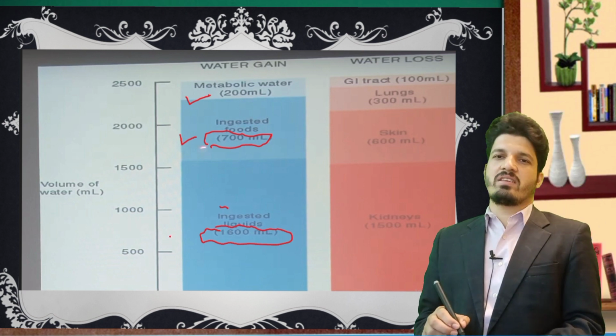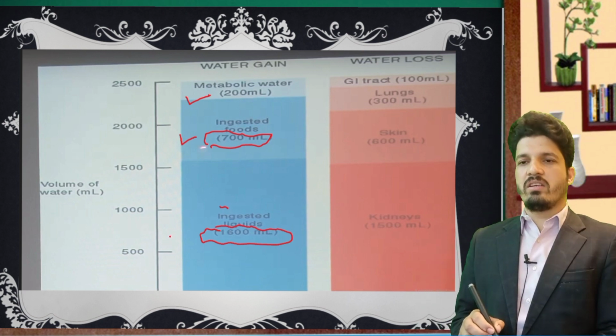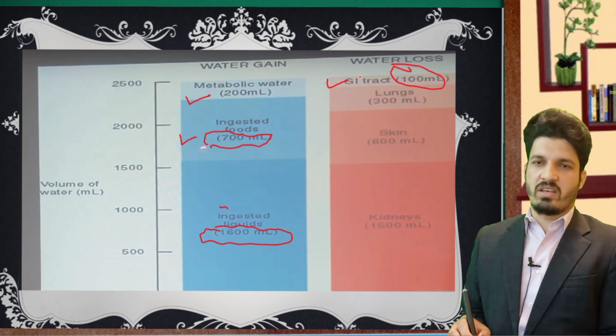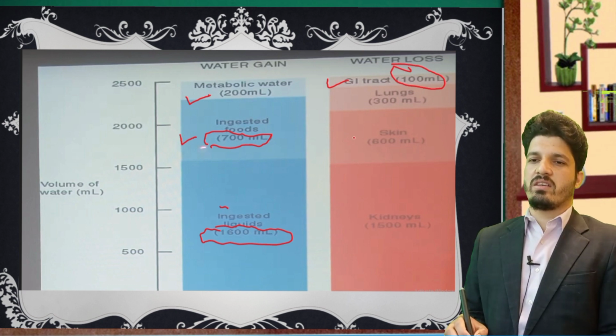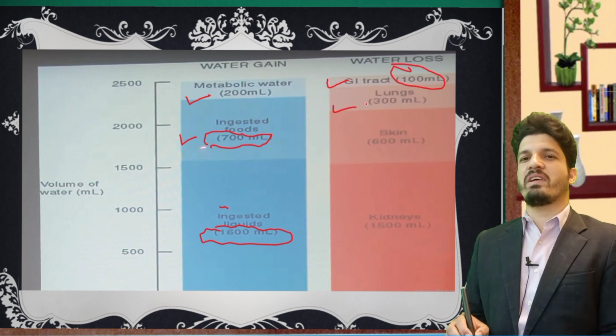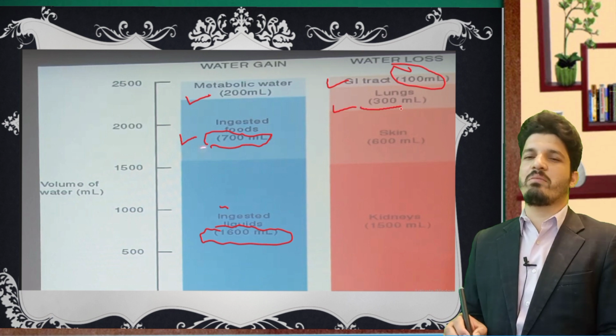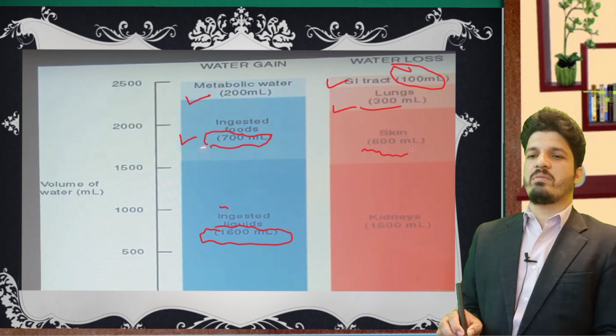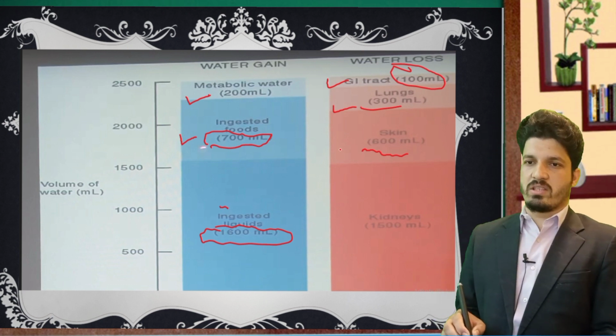The water is lost in the form of GIT losses, especially in the stools, almost 100 ml. Then it's lost from the lungs through respiration, that's 300 ml. And from the skin, 600 ml is lost per 24 hours.